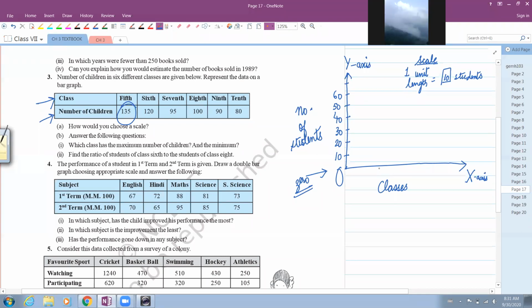And then we can start drawing the bars. Now, something very important while drawing a bar graph is that you have to leave space in between the bars. If I take the first class, I will start from here, and the class is 5th. For the 5th class, if I had to draw the bar, it will not be along with the x-axis. I will have to leave a gap, right?